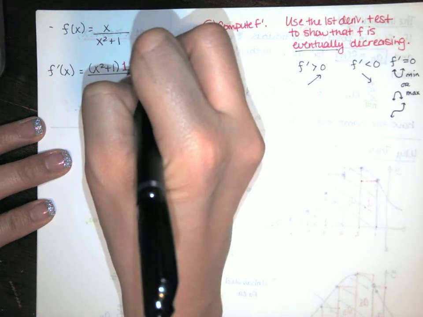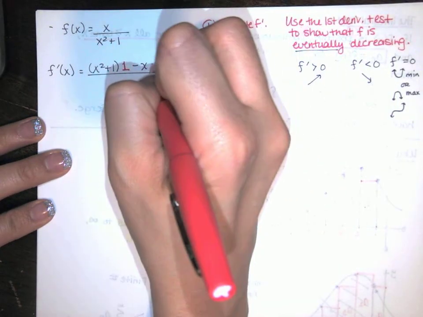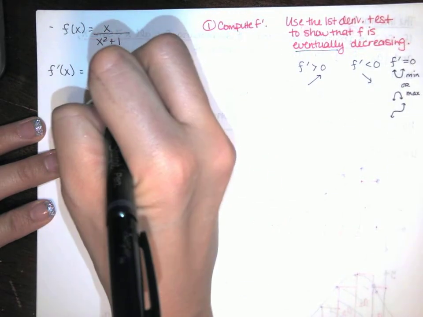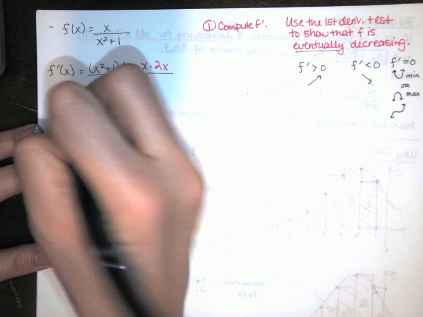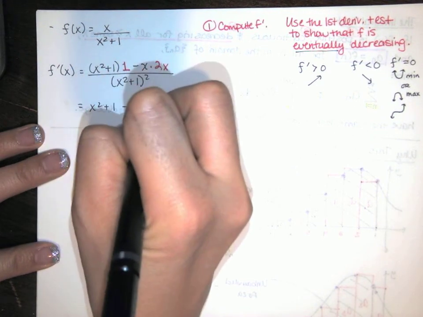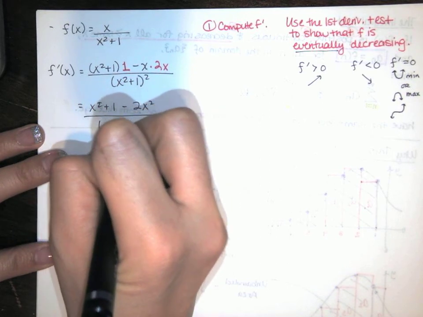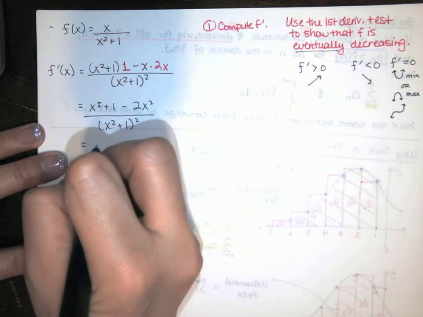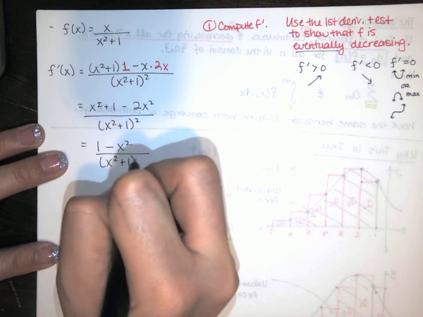Minus high d low, derivative of the bottom function is 2x, all over the bottom function squared. And then we simplify. So I've got x squared plus 1 minus 2x squared. Hey, we've got some like terms. That's a good sign. So this is 1 minus x squared over x squared plus 1, quantity squared.